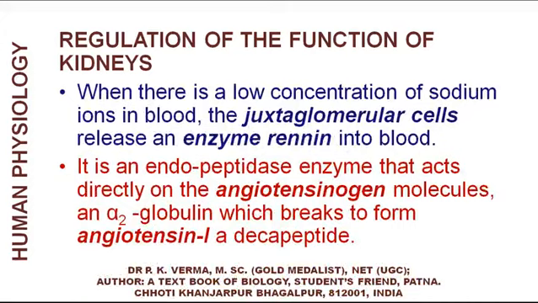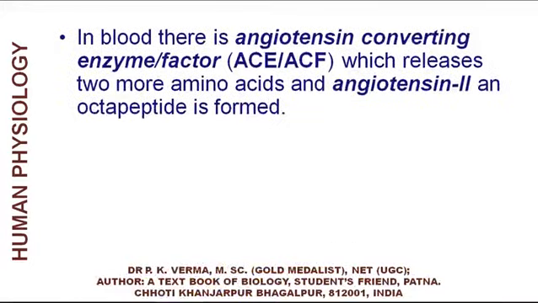Angiotensinogen breaks into angiotensin 1, a decapeptide. In blood plasma, there are other peptidase enzymes such as the angiotensin converting enzyme or converting factor that releases two more amino acids and converts angiotensin 1 into angiotensin 2.